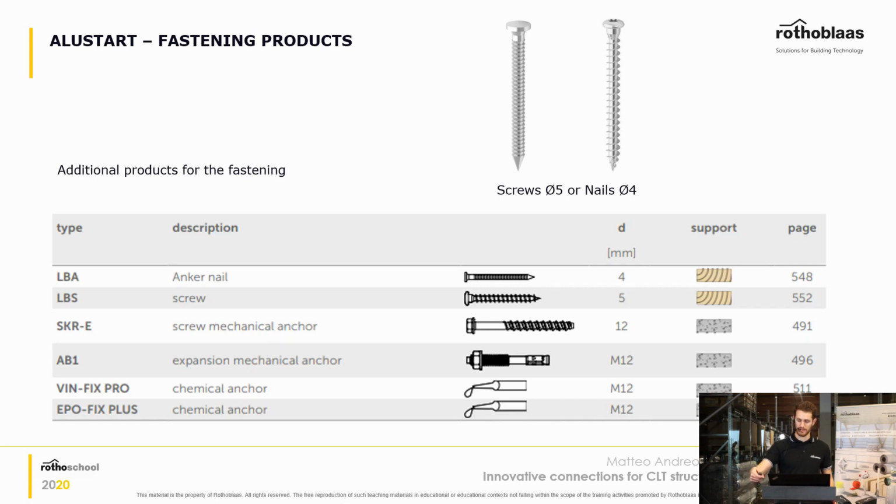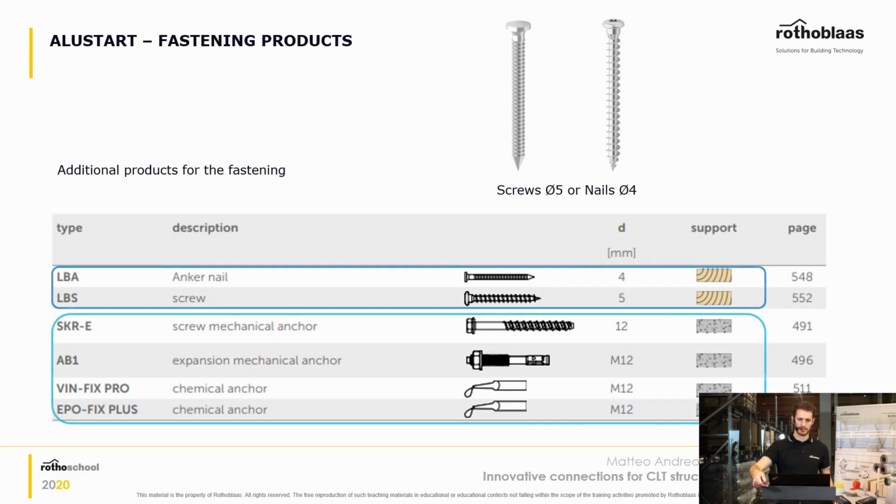There are a few products that you can use together with this Alustart. As we said before, you can use the small nails or the screws for the shear connection, and to connect the Alustart with the concrete foundation, you can use mechanical anchors or expansion mechanical anchors.